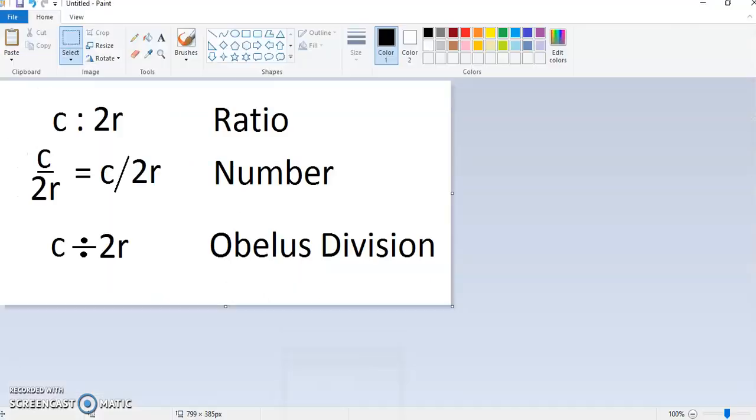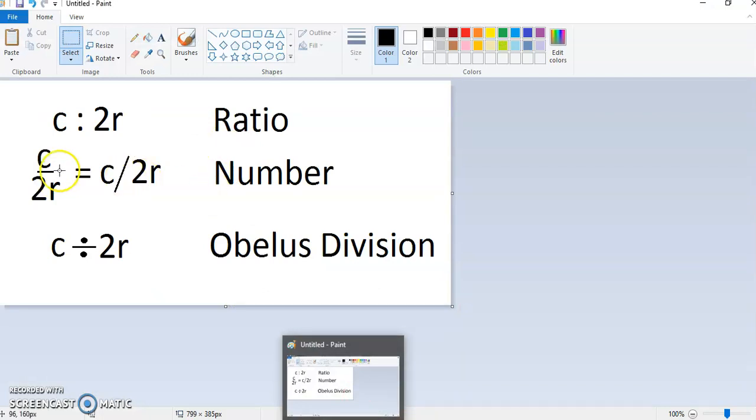So now, let's see what the difference is. When we write C, circumference, compared, this colon means compared to 2 times the radius or the diameter, that's a ratio, okay? That doesn't mean that it's a number. It's not a number, because in order to be a number, so that we can write it as C over 2r, requires that both circumference and diameter have a common measure. They don't have a common measure, okay?